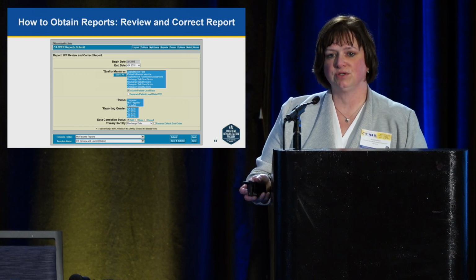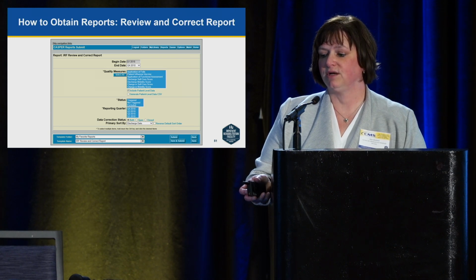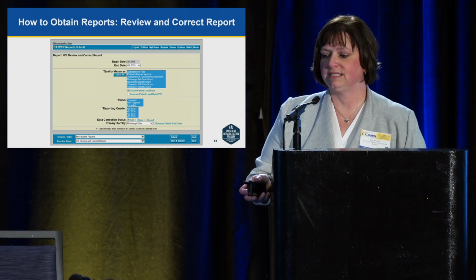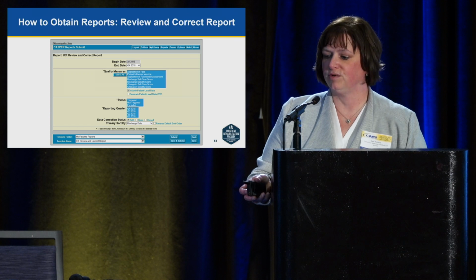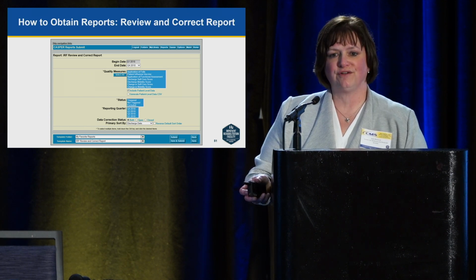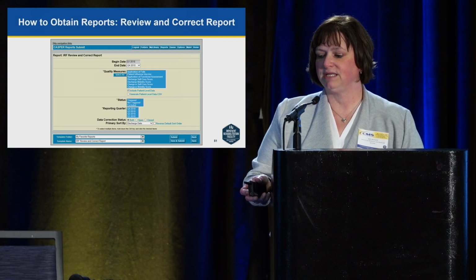Remember that in order to request the date range for your report, you simply select the reporting quarter end date, and the begin reporting date will be populated for you by the application. The new features that are available are the quality measures that are displayed.